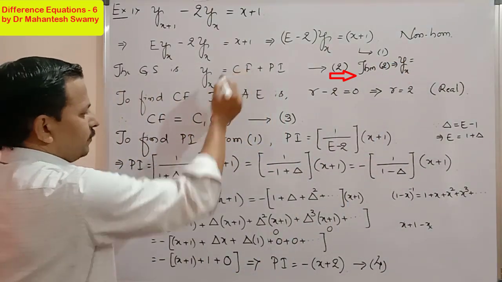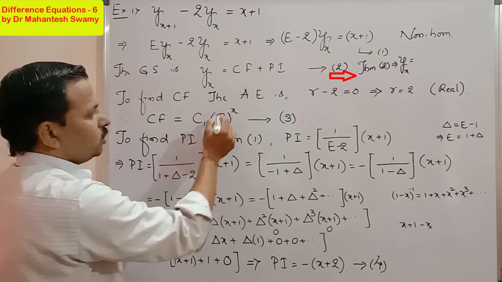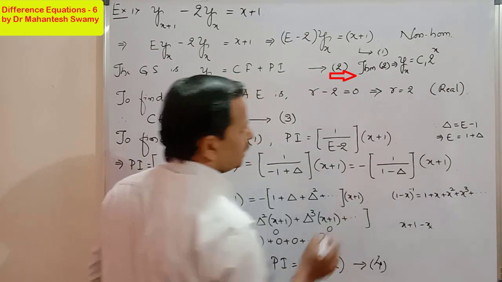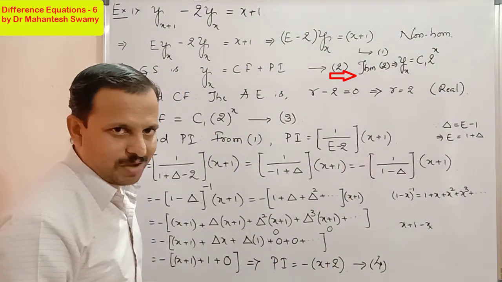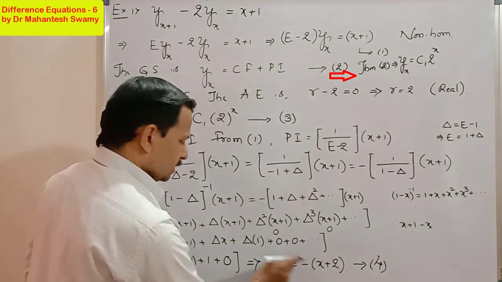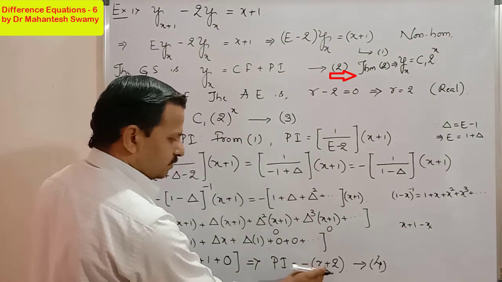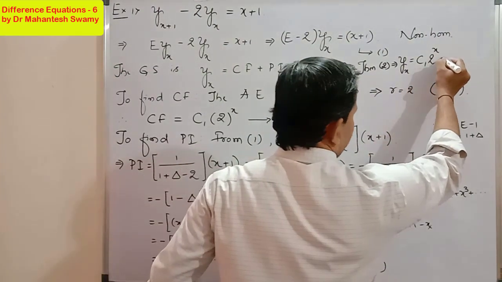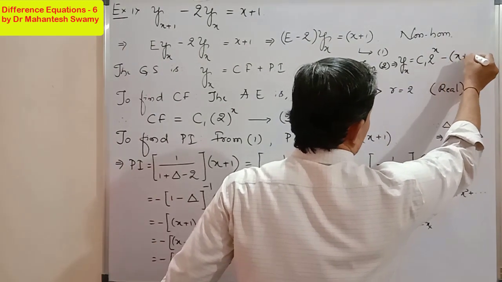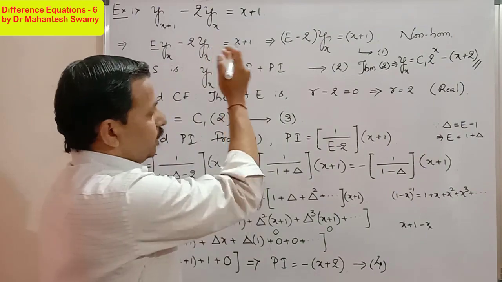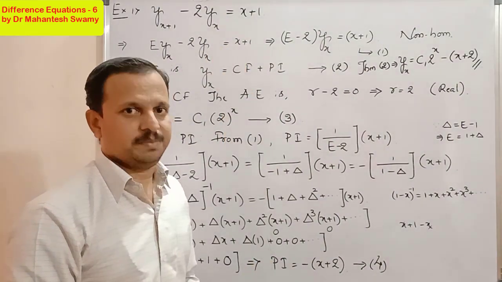What is CF? C1 into 2 to the power x, this is the complementary function which we have evaluated, plus the particular integral. Particular integral is minus of bracket x plus 2. So this is the required general solution of the given non-homogeneous difference equation.